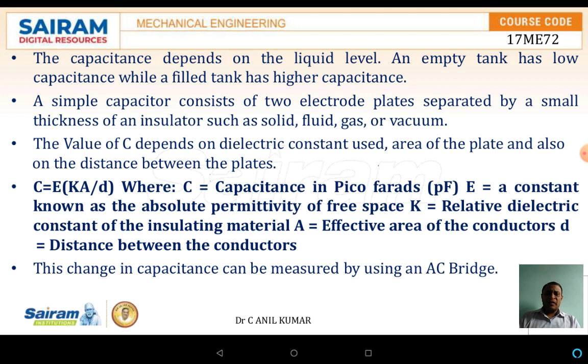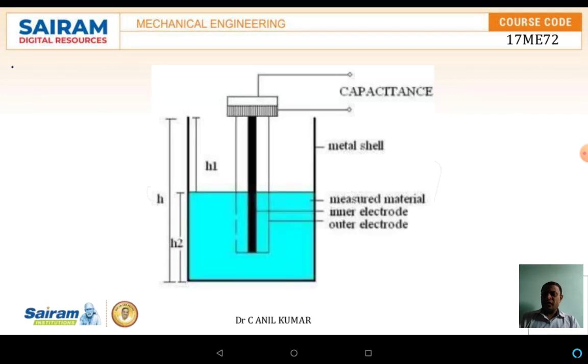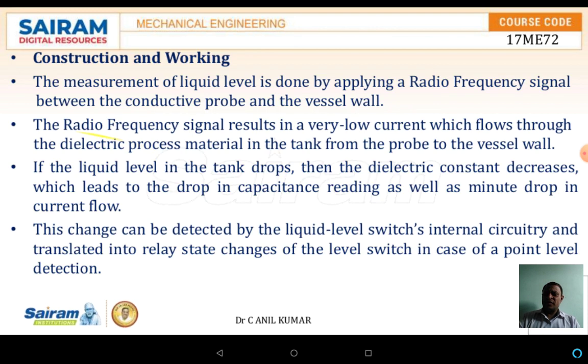An empty tank has a low capacitance, while a filled tank has a high capacitance. A simple capacitor consists of two electrode plates separated by a small thickness and an insulator such as a solid, fluid or gas. This schematic diagram shows the capacitance type sensor.